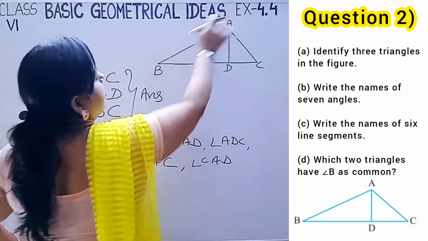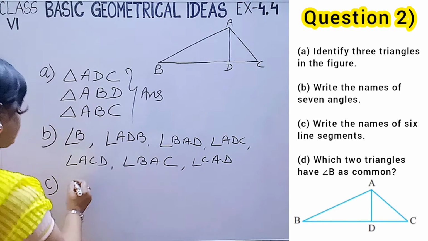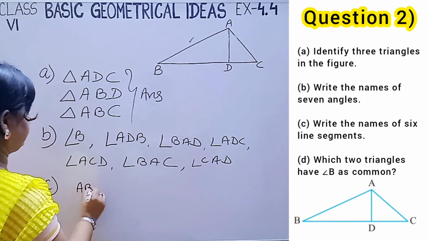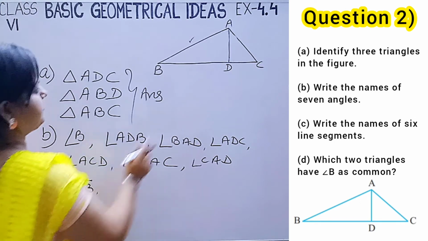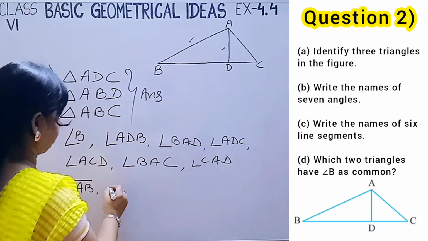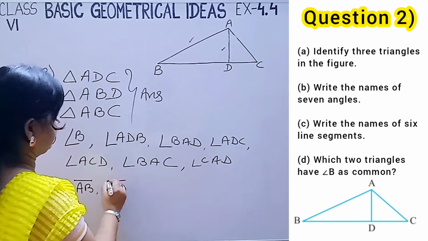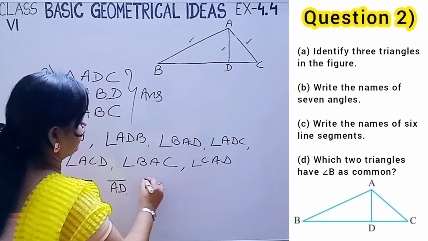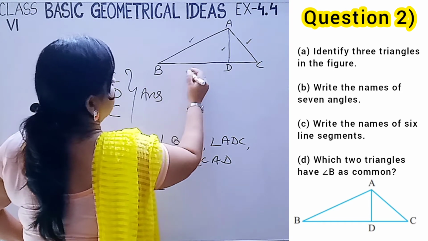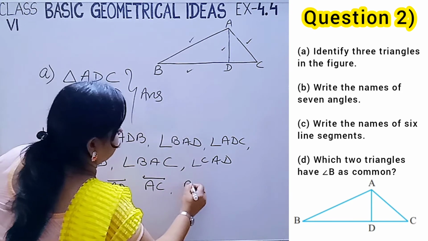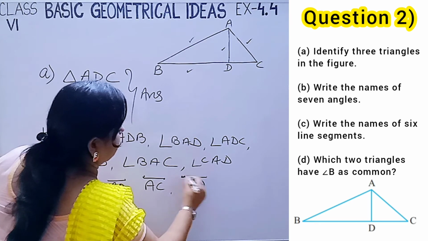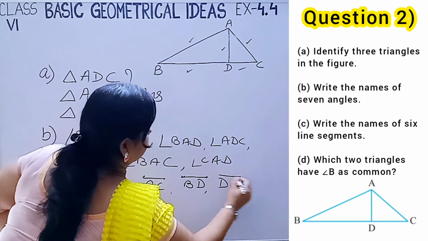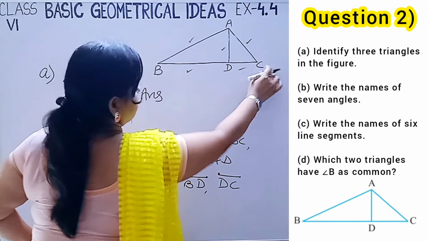So these all are line segments. Here the first one is AB, AD, AC, this one BD, DC, and the last one is BC.